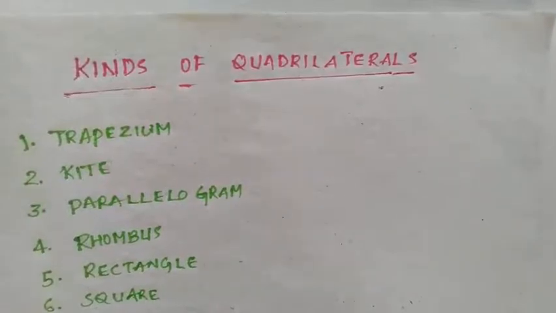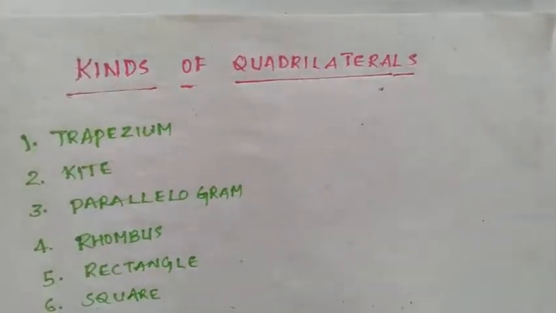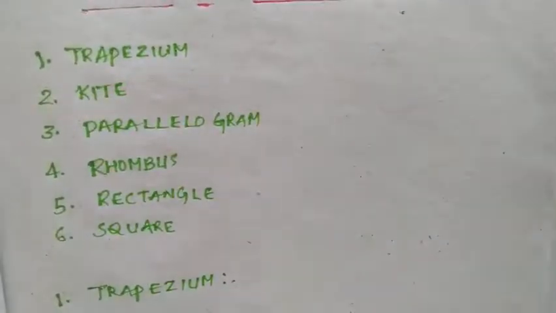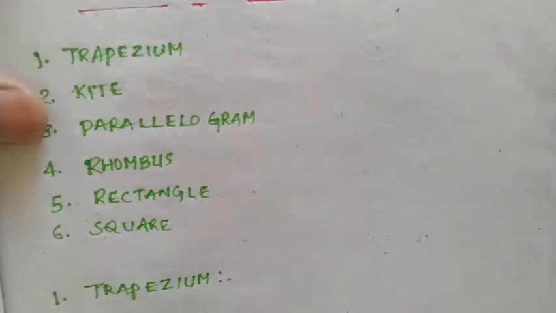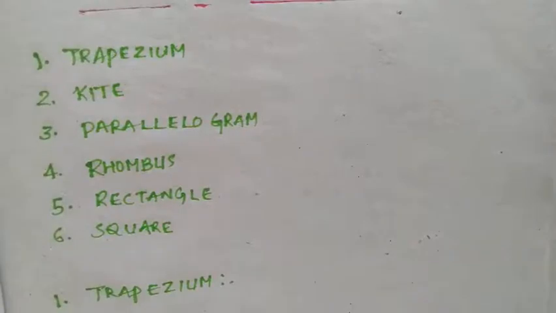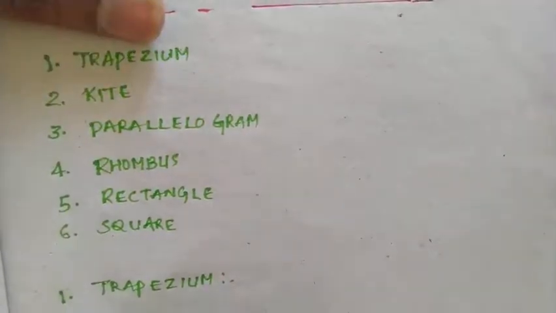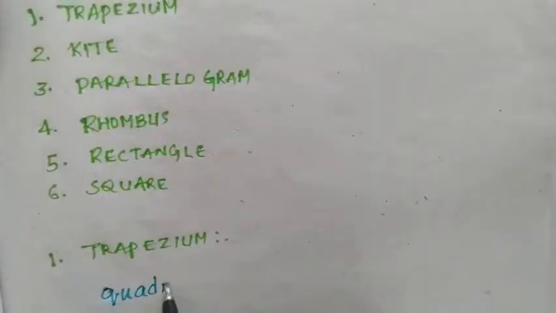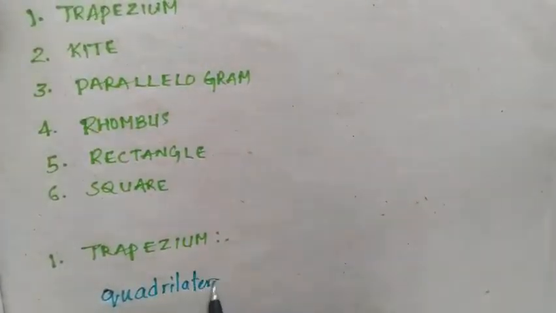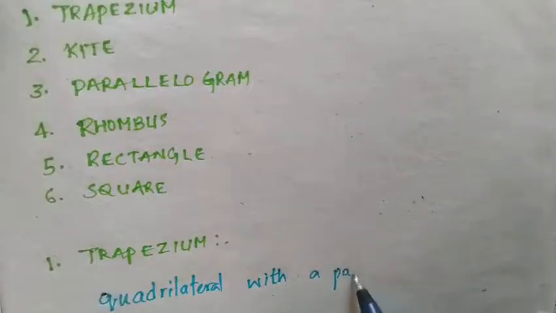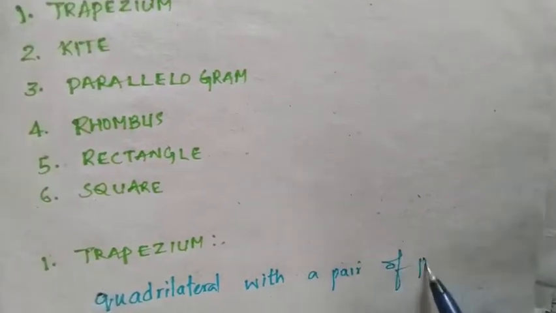So trapezium is a special type of quadrilateral. Whenever you take any quadrilateral, if it is having only one pair of sides, quadrilateral with a pair of parallel sides.